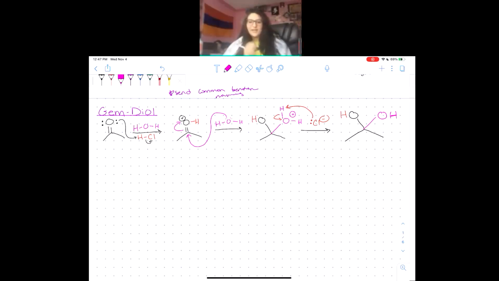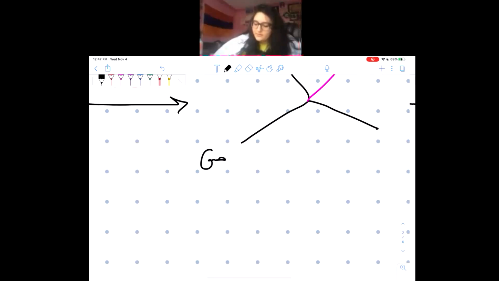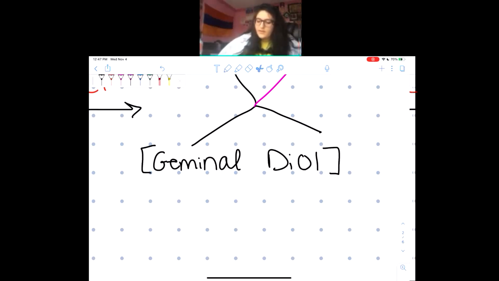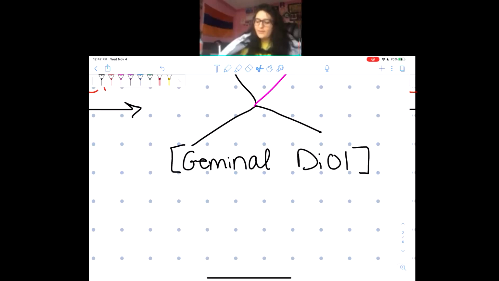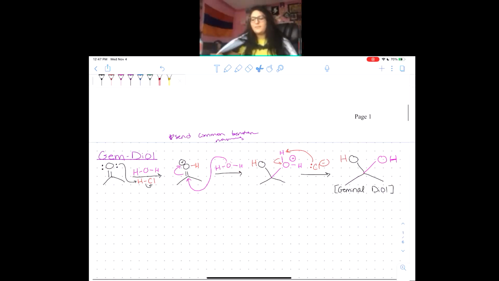And someone said it's a diol. Exactly. And so it is a geminal diol. And you guys remember way back a few chapters ago when we learned about the geminal position?